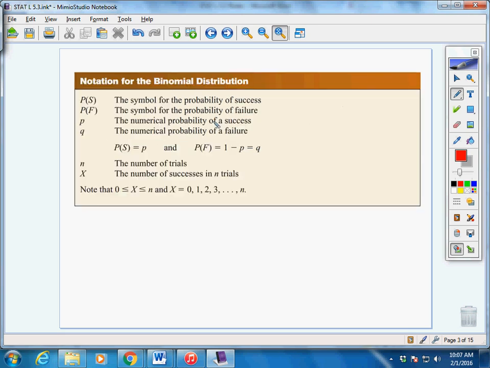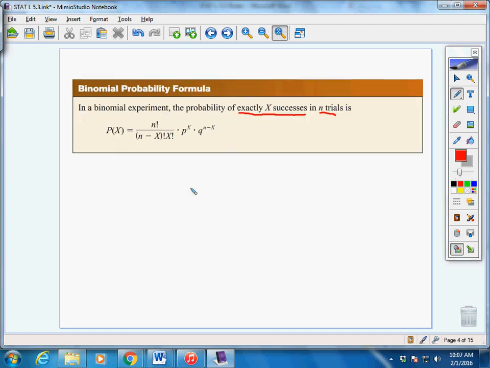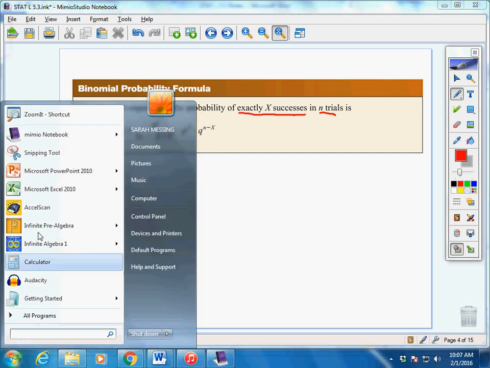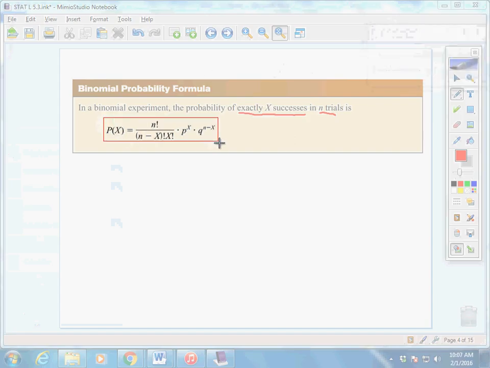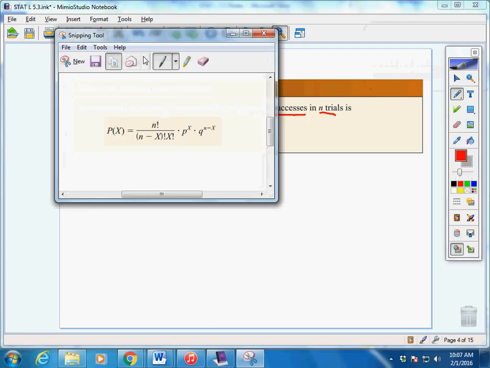Kind of see why we're going to use all this terminology, because trying to explain it is a little bit difficult. But we do want to focus right here on this formula. In fact, I'm going to grab that formula real quick so I can use it.